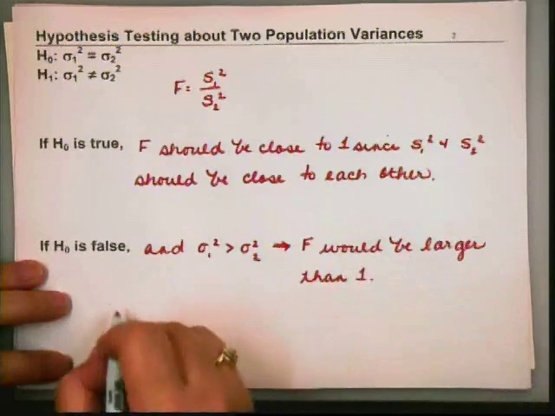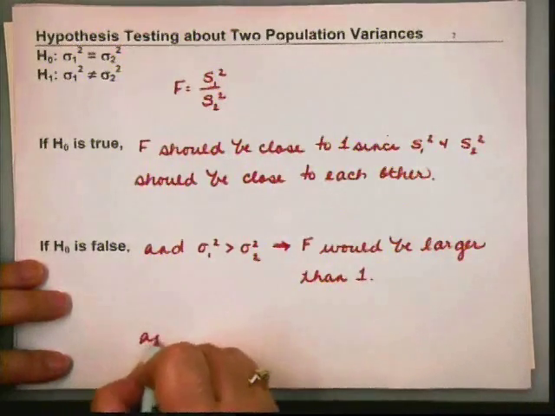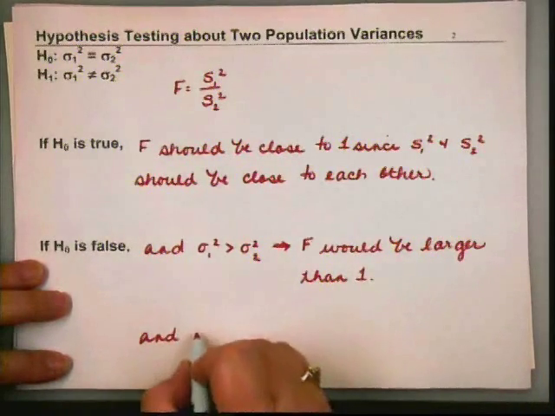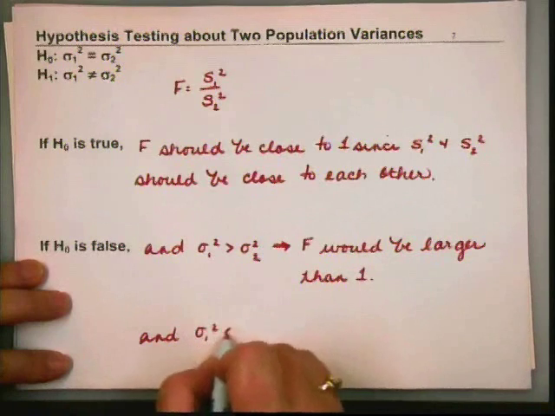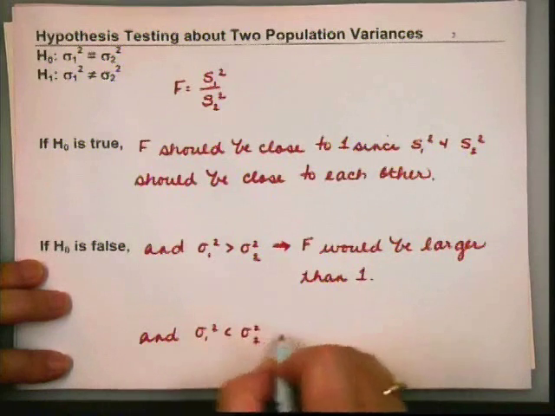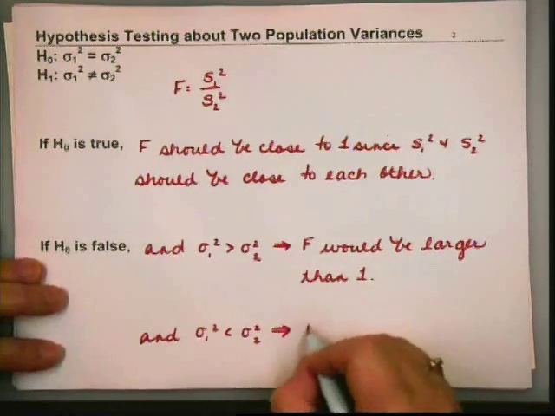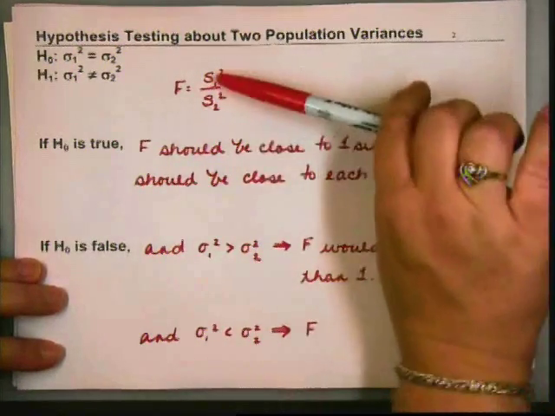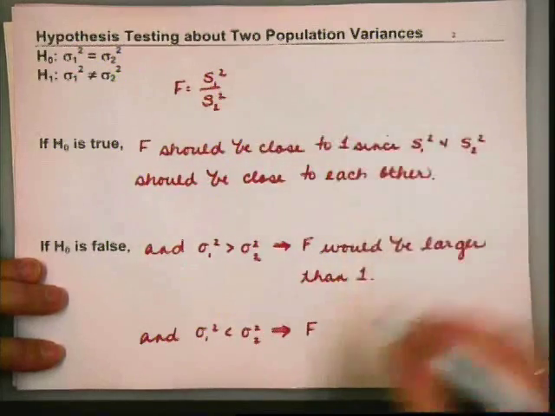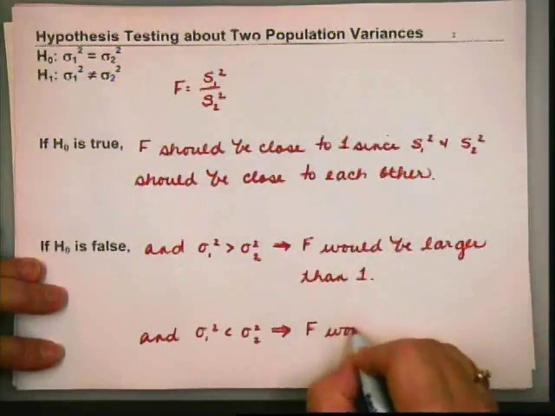The second case would be sigma 1 squared smaller than sigma 2 squared. That would put our value of F where the numerator is smaller than the denominator. It's got to stay positive, though, so F would be close to 0.